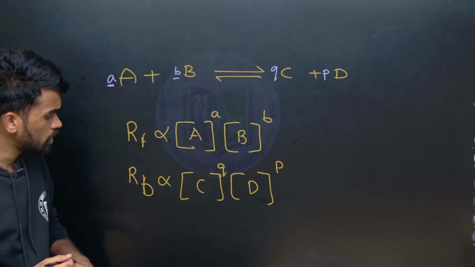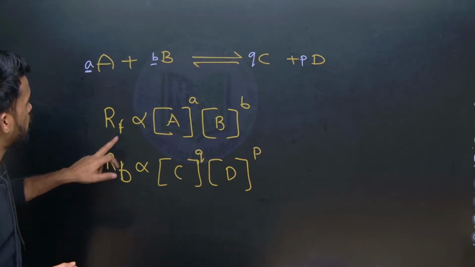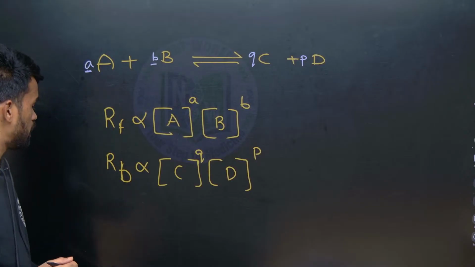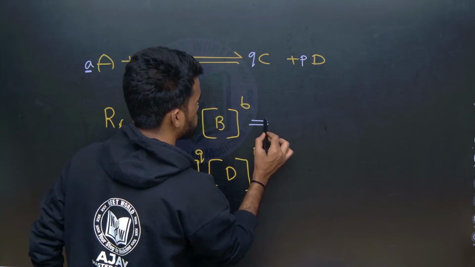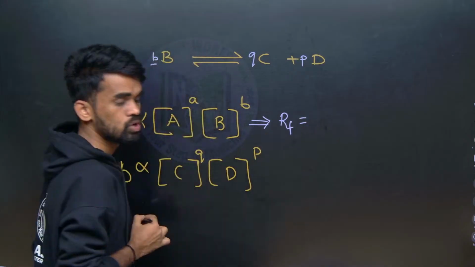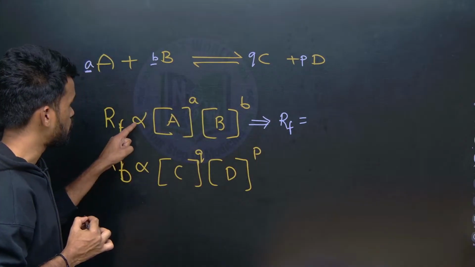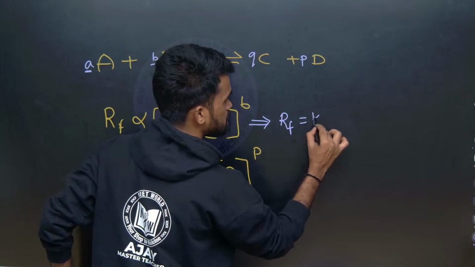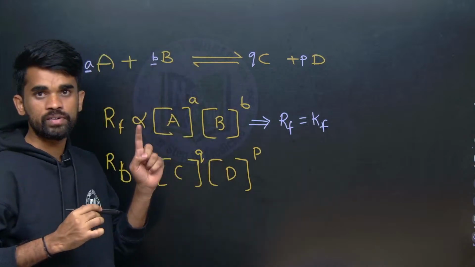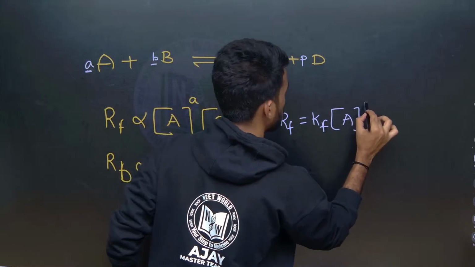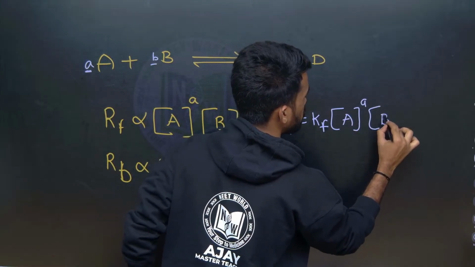Now here we have proportionality, so we can remove it and write in terms of a proportionality constant. So the rate of forward reaction equals Kf, the rate constant for the forward reaction, multiplied with the concentration of A to the power a and B to the power b.